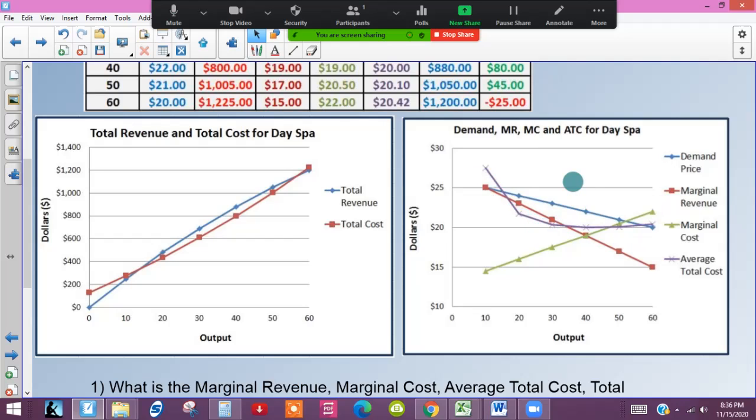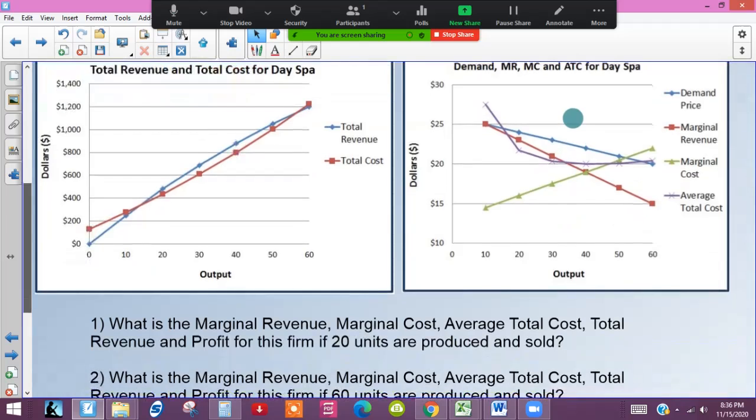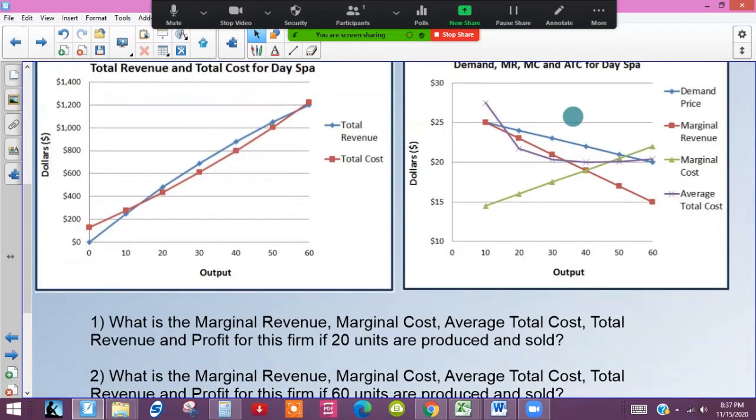Okay. So we want to know what the marginal revenue and the marginal cost, average total cost, total revenue, and profit are if the firm is producing and selling 20 units.